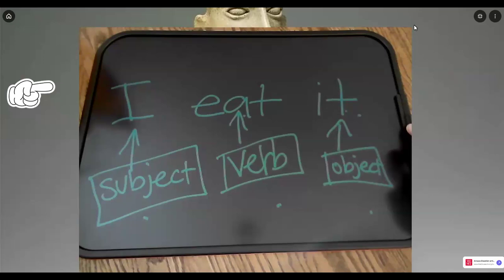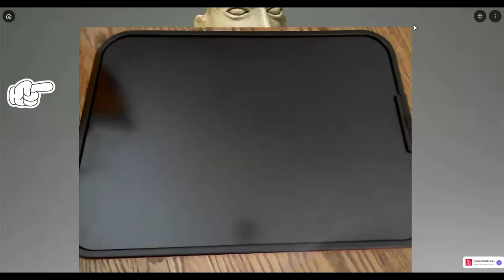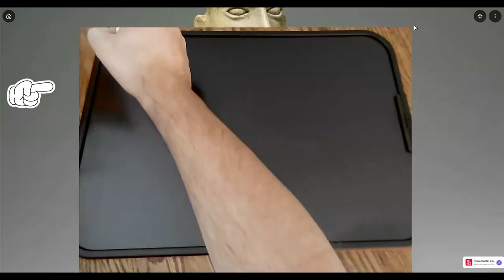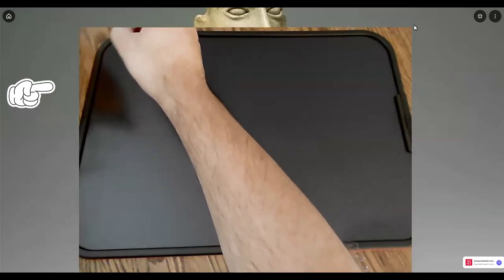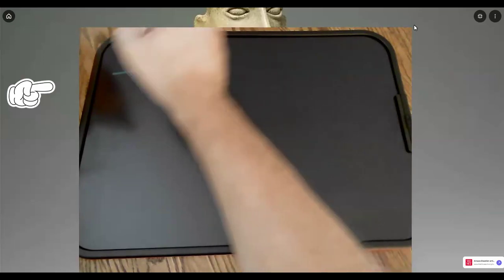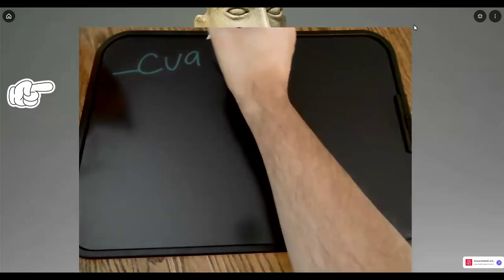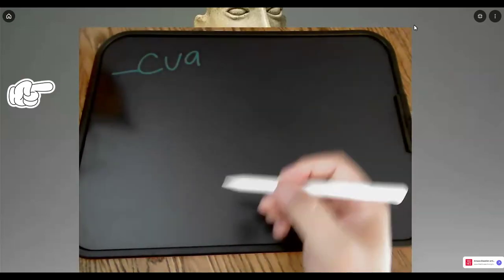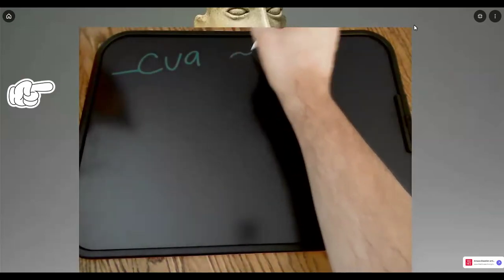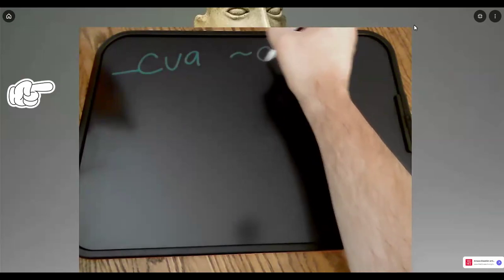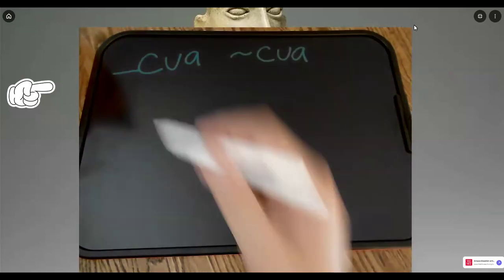In Mexicano, it's different, right? So we're going to be using the word qua. In this little squiggly line, that means that this verb needs an object.